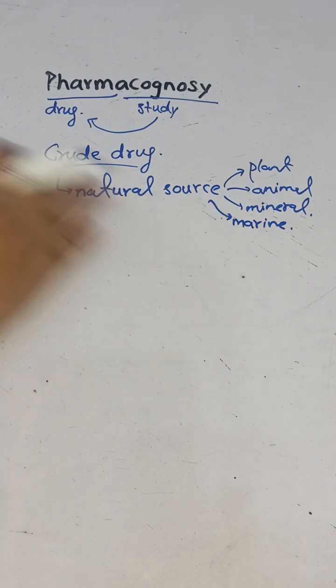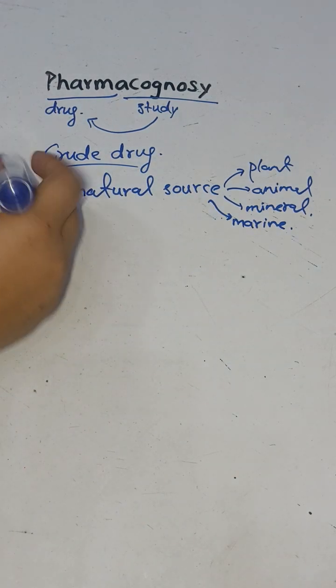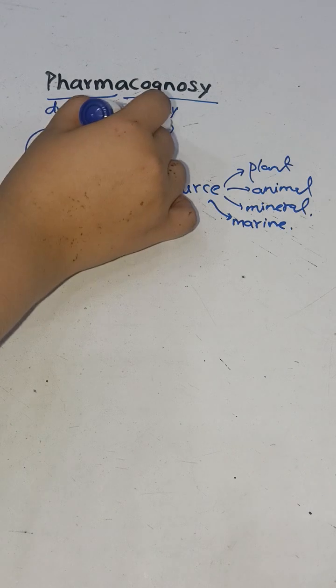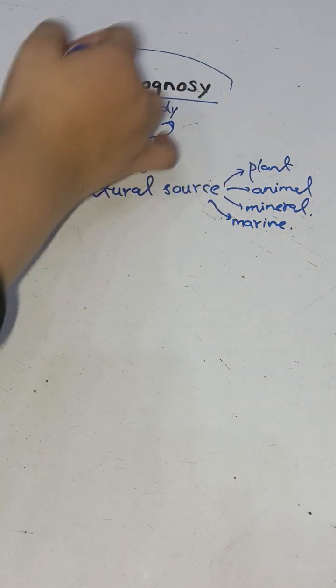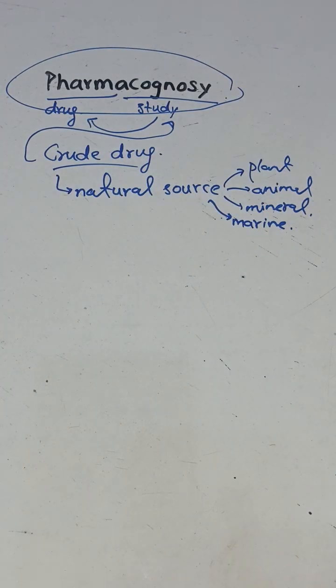From these sources we get crude drugs, and we study these kinds of crude drugs in the branch called pharmacognosy. So this was the short introduction to the subject. In pharmacognosy, our today's topic is the carbohydrate and its introduction.